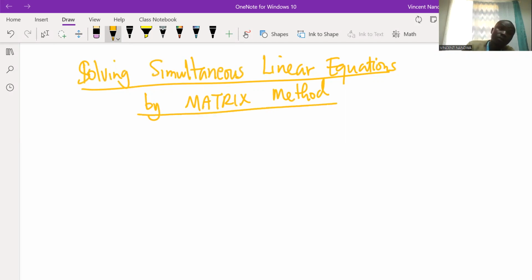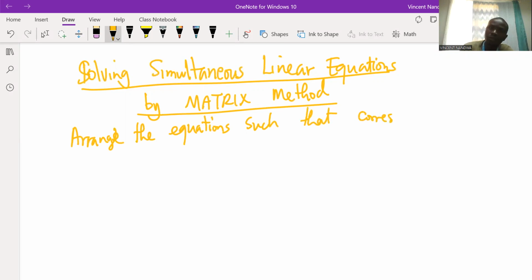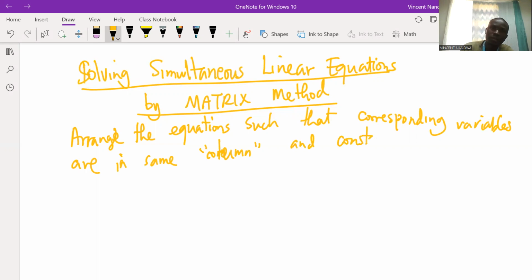So the first thing you have to do is arrange the equations such that corresponding variables are in the same column and constant terms are on the right-hand side.